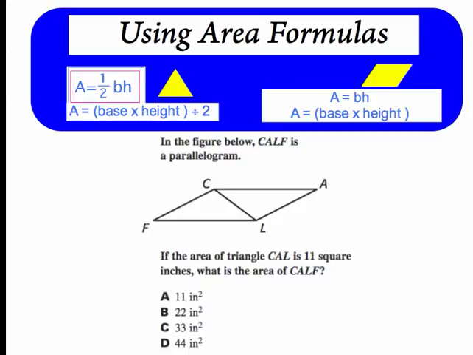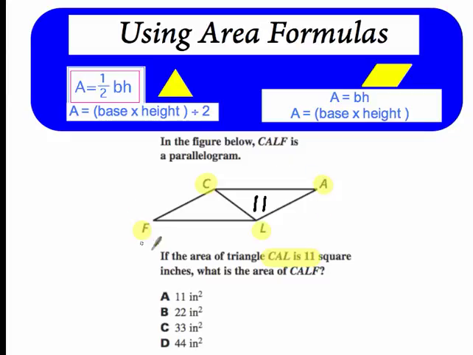Let's look at this question. It says, in the figure below, CALF is a parallelogram. If the area of triangle CAL is 11 square inches, what is the area of the whole thing? So CAL is 11.